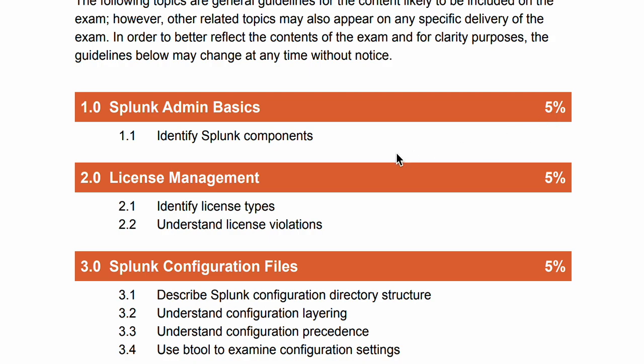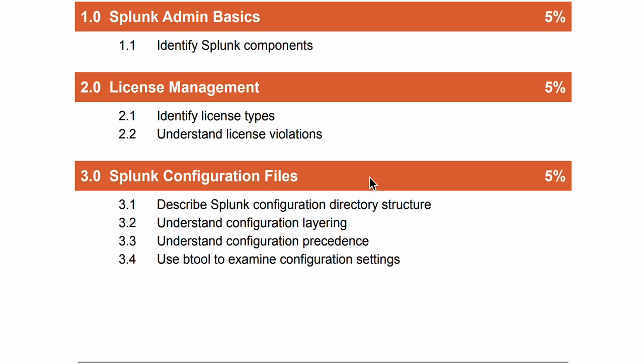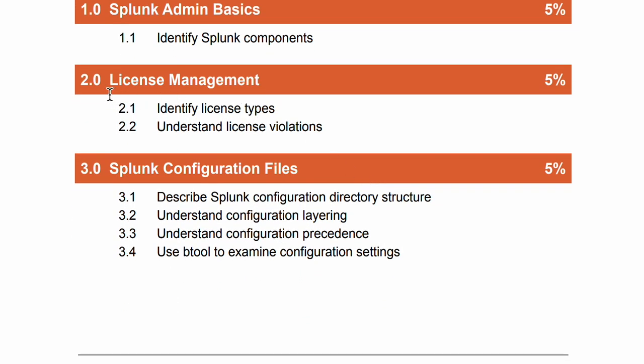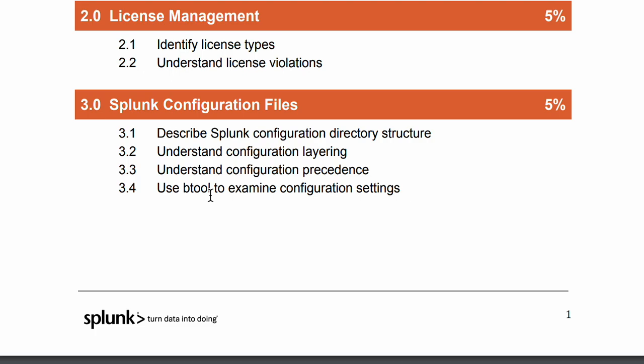It covers 5%. The second part is license management. Again you can see the percentage. It includes identifying license types and understanding license violation. So it will cover the questions related to licenses.